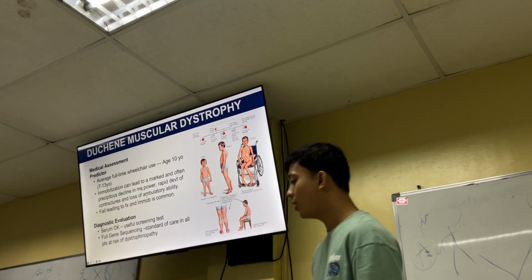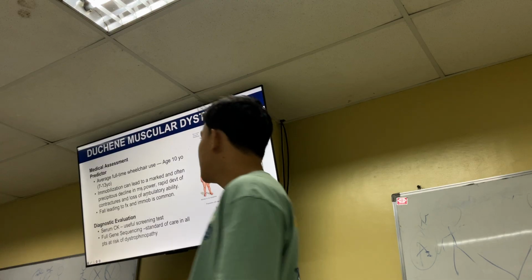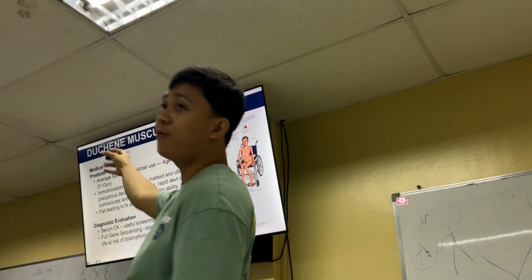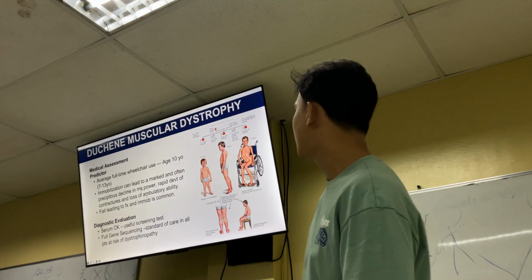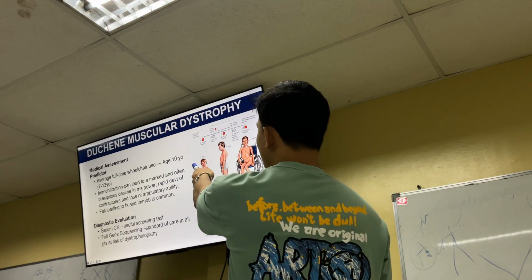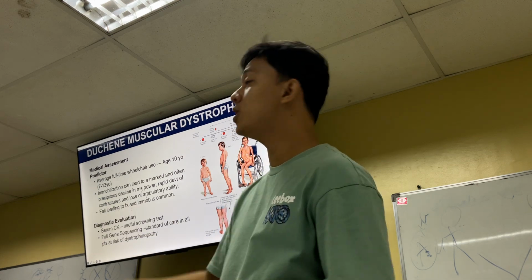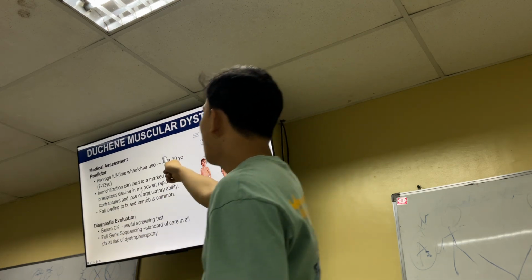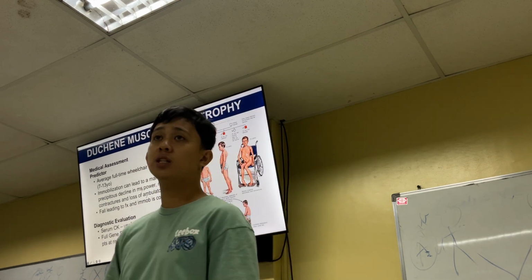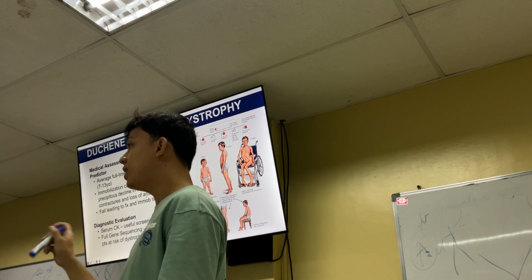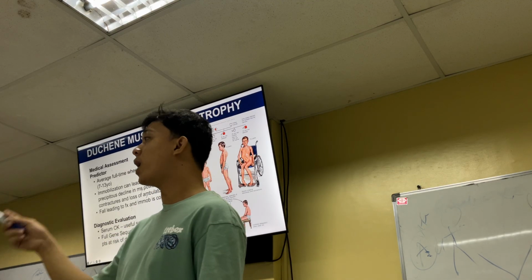Medical assessment here: the average full-time wheelchair use is usually 7 to 13 years old, we can just use the range. Immobilization can lead to other complications, which is contractures. Knowing that if you use a wheelchair, the position of your hip and knee is affected, might lead to what?